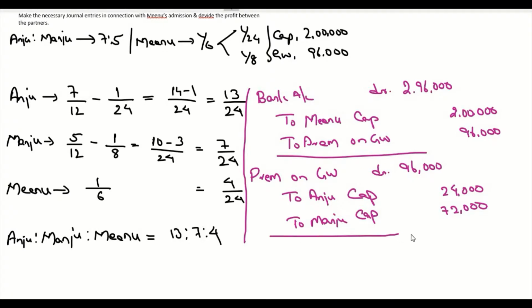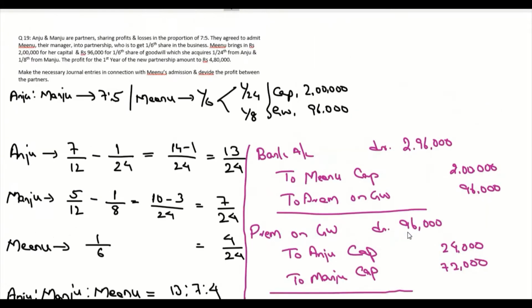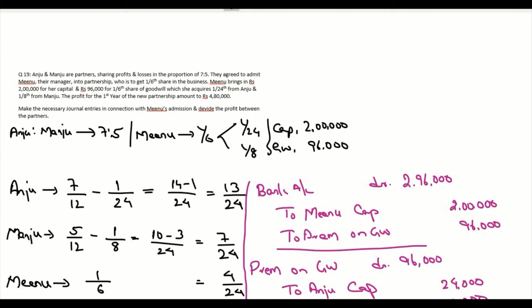Now we also have in the question, it's mentioned the profit of the partnership is rupees 4,80,000. So we need to divide this in their new profit sharing ratio.